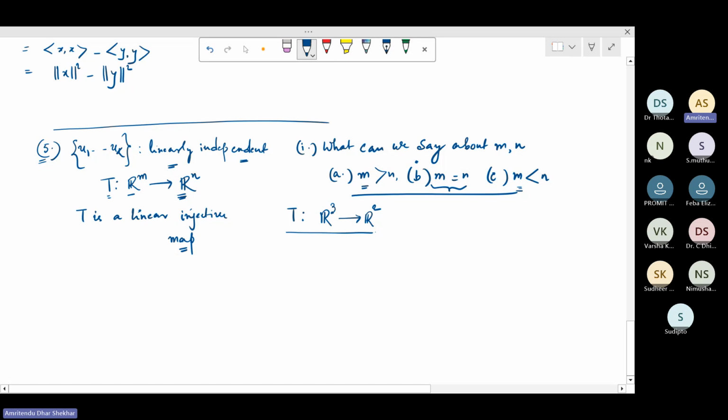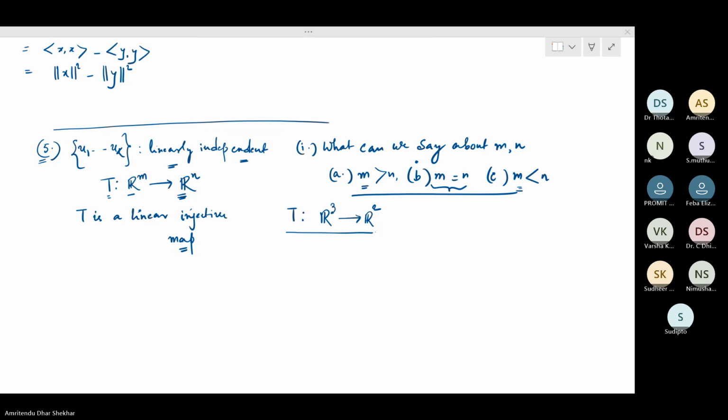Is it possible to construct a linear map from R3 to R2, which is injective? Yes, please go ahead. It's not possible.